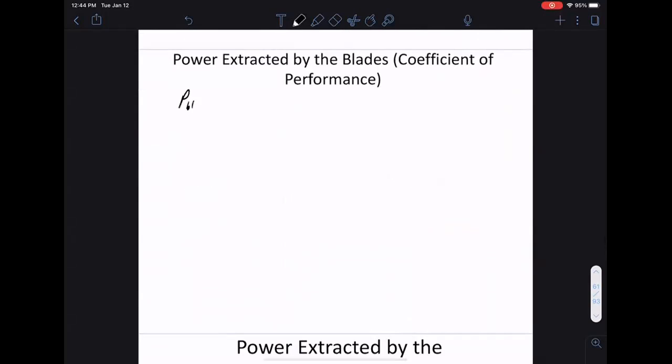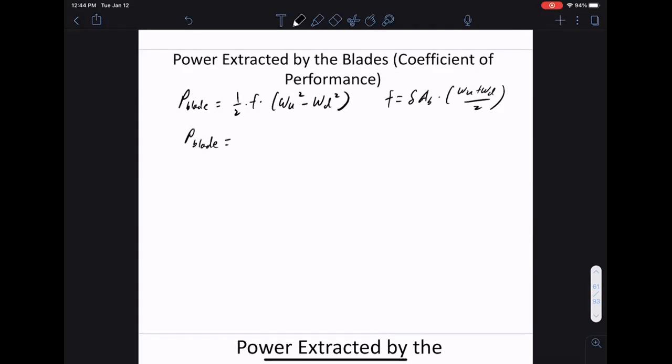Well, we know the power of the blade is half times the flow rate times the difference in the square of the speeds. So we substitute the flow rate equation into here, with the density, the area of the blade, and the average speed. Then we have the power the blade extracts as basically this big equation.